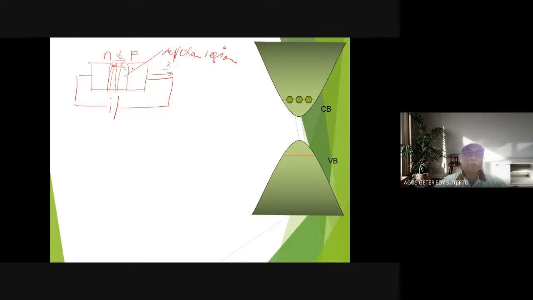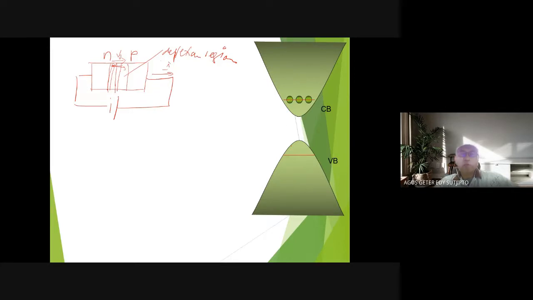So recombination of electrons and holes in the P, and of course on the other side, from P to N, also recombination. But the moving of electrons from the battery, injected to the PN junction, and then the recombination of the electrons and holes here, is illustrated in the band gap, the gap between the conduction band and the valence band.